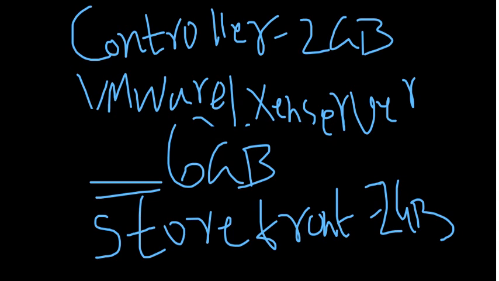In total, for the controller I've given 2 GB. For the VMware ESXi or Zen server environment, I've given 6 GB because you need to install the ESXi server or Zen server. On top of that, you need to create virtual machines as well. If you're allocating 3 GB RAM or so for ESXi, and you want to create a virtual machine, I would like to give at least 2 GB RAM for each machine.